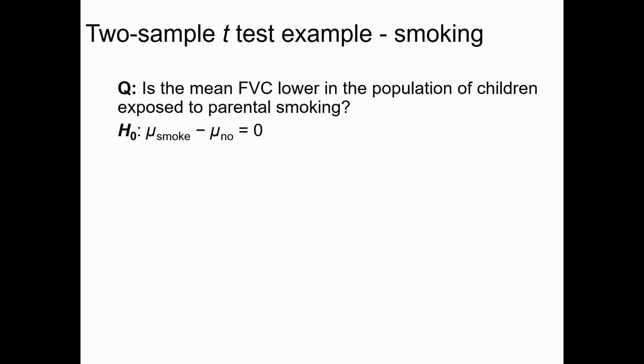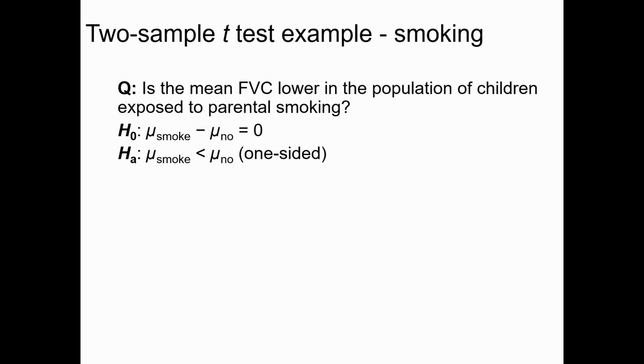You take those two sample means, you subtract one from the other, and your difference is 0. There's no difference. So when you think about the null hypothesis, remember this is 0 here, 0 here. No difference. It's a 0.